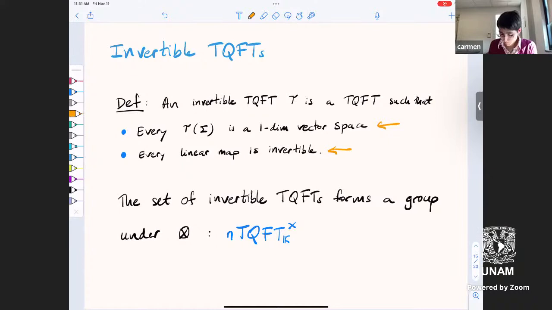They form a group under tensor product, which is a little bit of invented notation from our paper. Essentially you have the notion of the ground ring, you have the dimension of the functor, and the symbol up there is just to remind ourselves that we do have a group. So there is a group of invertible TQFTs.